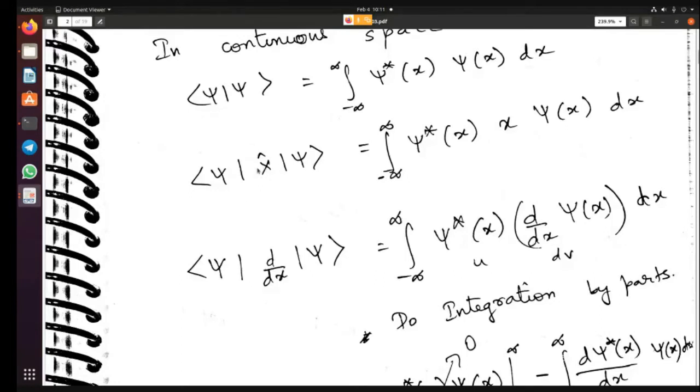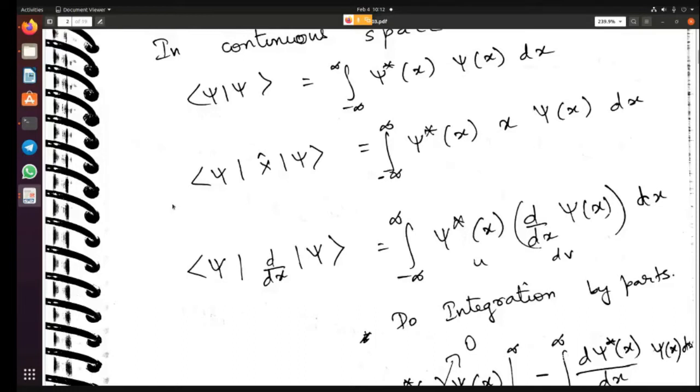So the expectation value of x would be this sandwiched type of formalism. Bra psi is psi star of x, then x, and ket psi is psi of x, and then you integrate over dx from minus infinity to infinity. This is the representation in the continuous space.